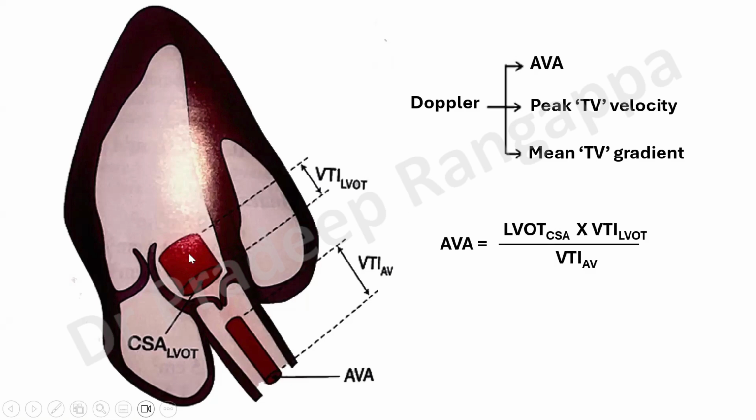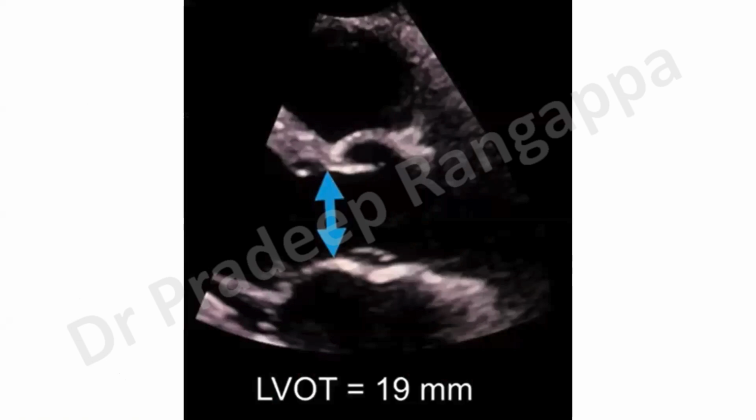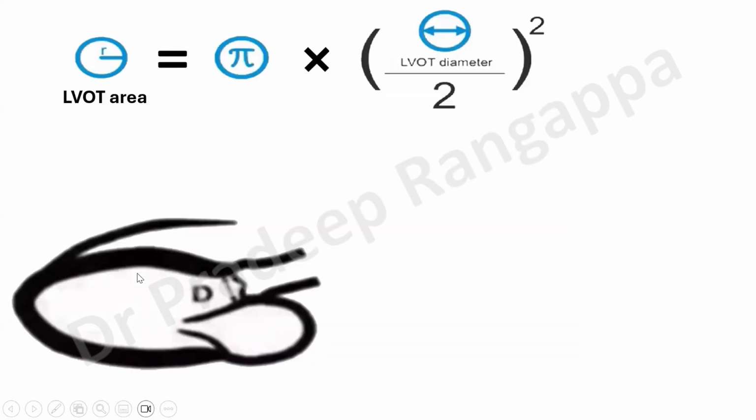So we look at the velocity at the LVOT, and then we look at the gradient by looking at the velocity time integral or the velocity at the aorta, which is much higher. We use that as a pressure gradient to calculate the aortic valve area. When you look at the LVOT, we take the measurement just distal to the valve area, and in this picture it is around 19 millimeters. The LVOT area is calculated by pi multiplied by the LVOT diameter divided by 2, squared.